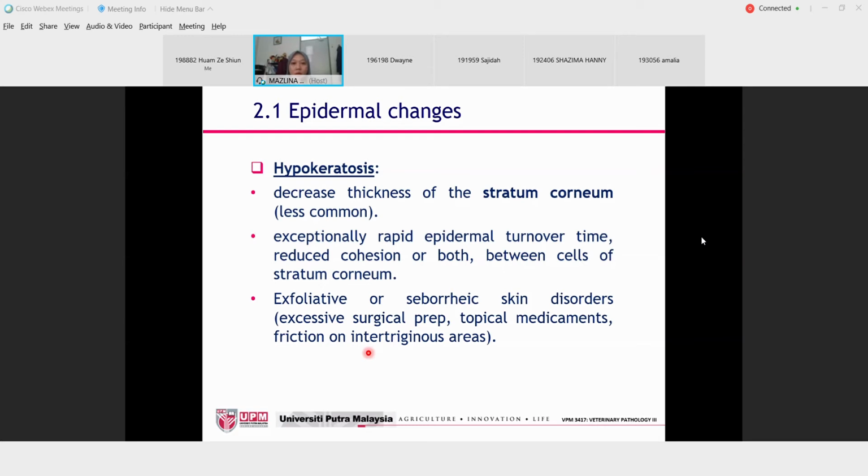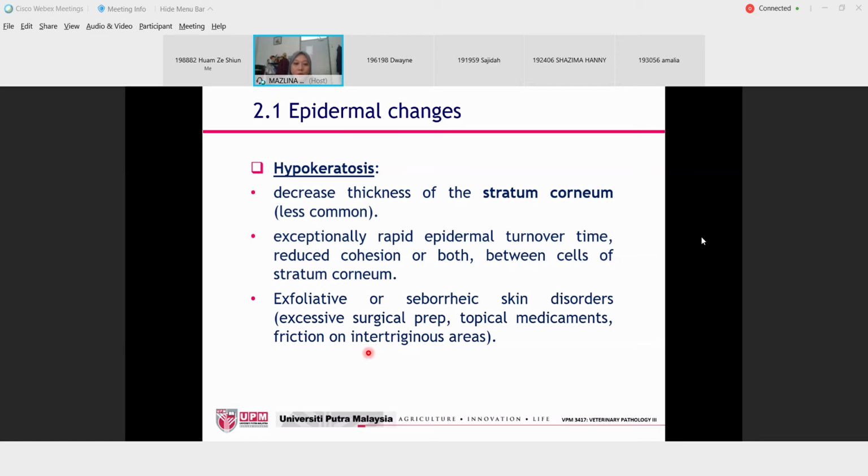So that's why the stratum corneum appears thinner than the normal condition. And because the cohesion is reduced, there is even more sloughing off of the stratum corneum, leading to the appearance of hypokeratosis.